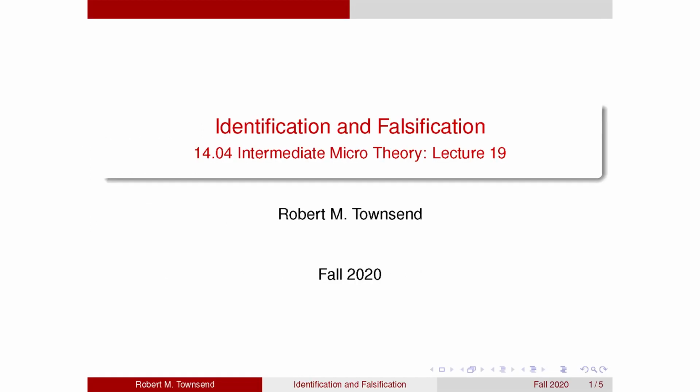Okay, so the lecture today is kind of the reverse of that. Instead of putting structure on indirect utility functions, we're going to see if we can get by with almost no structure at all on preferences and still be able to make predictions which are testable or rejectable. So this lecture is all about economic science.